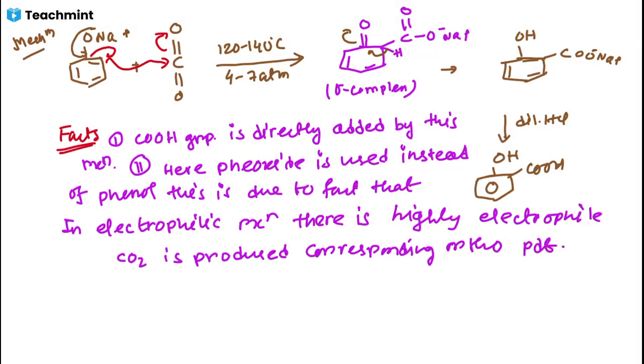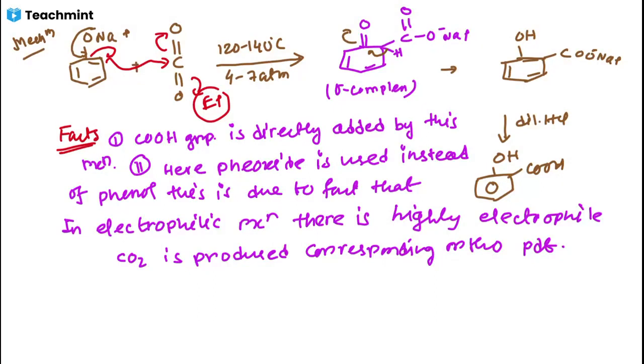Here carbon dioxide acts as an electrophile, and sodium phenoxide is used instead of phenol. This is due to the fact that in an electrophilic reaction, the highly reactive phenoxide ring easily attacks the weak electrophile.